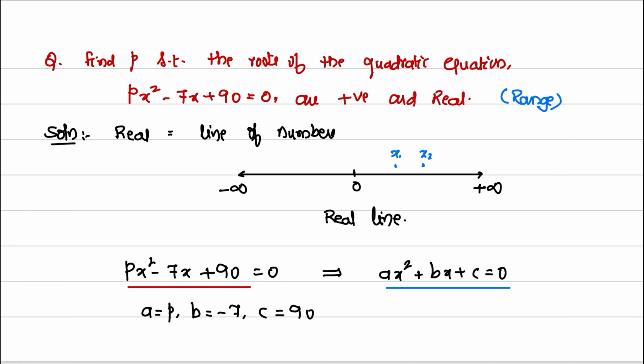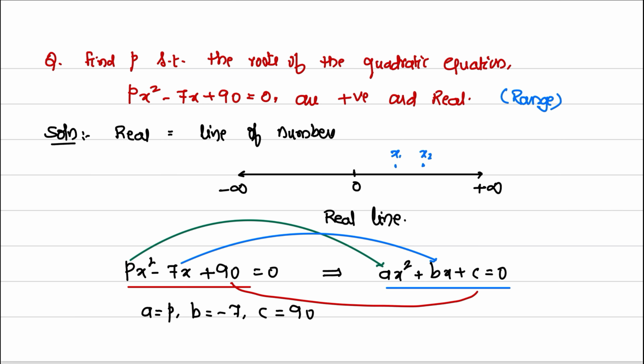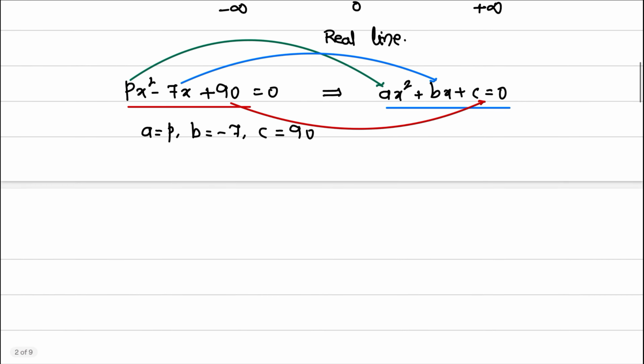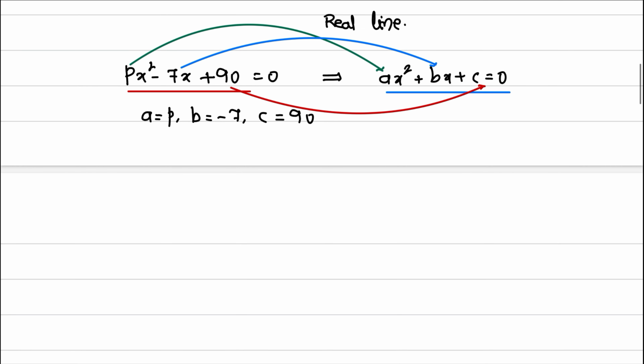Just see. This p will be compared with a. This minus 7 will be compared with b. Constant will be compared with constant. A is equal to p, b is equal to minus 7, c is equal to 90.